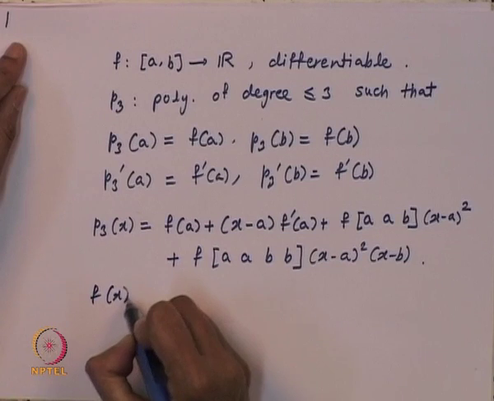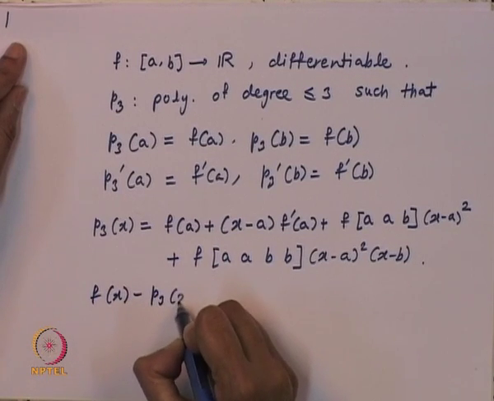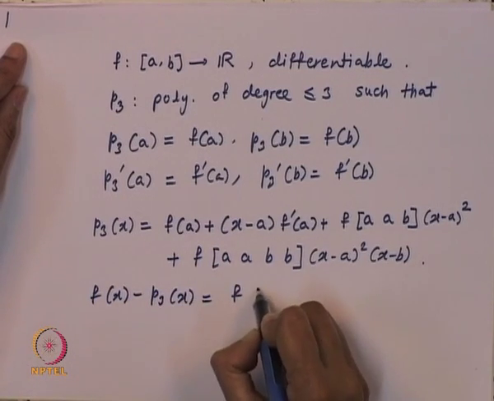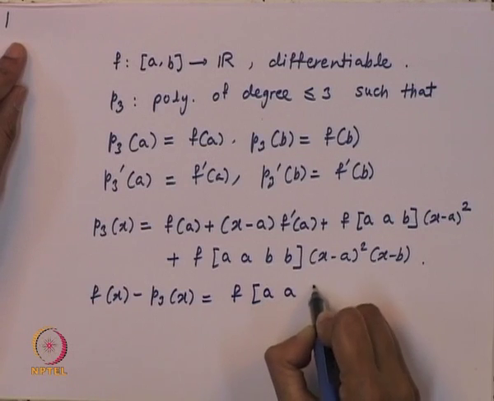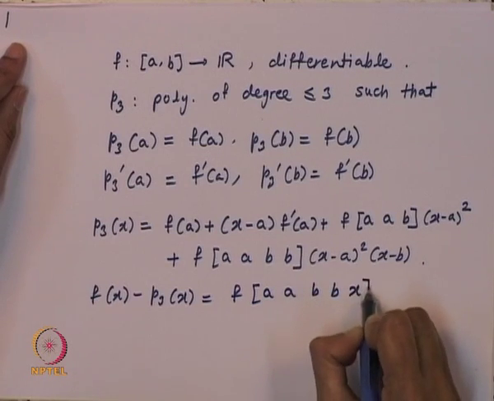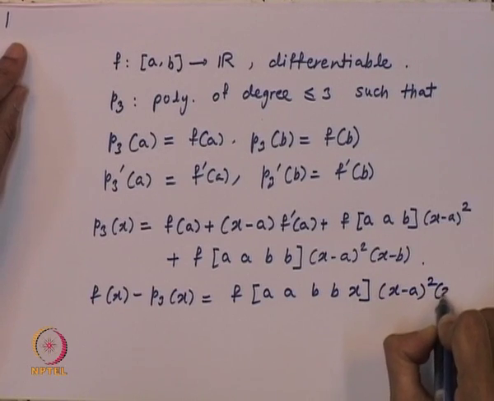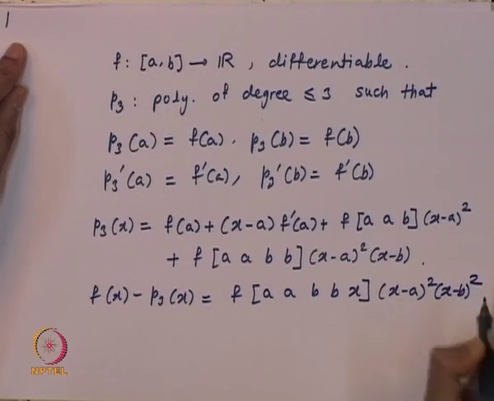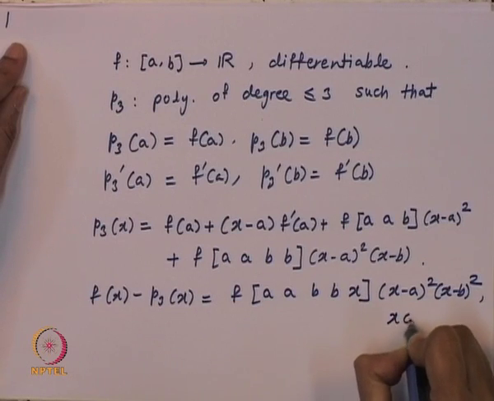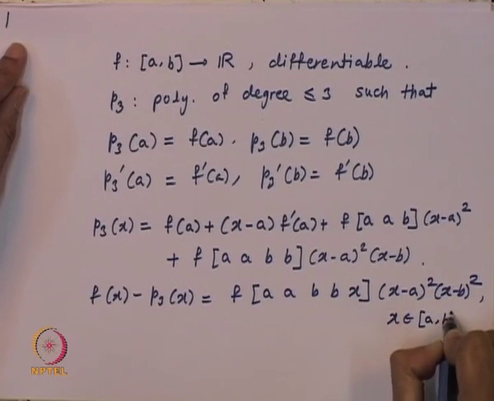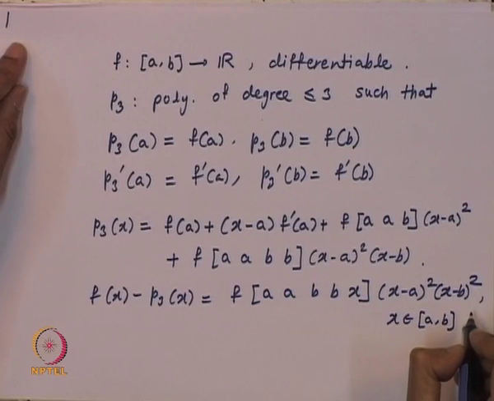The error f(x) minus P3(x) is given by f[a, a, b, b, x] multiplied by (x minus a) square (x minus b) square for x in the interval [a, b]. So, this is the error.